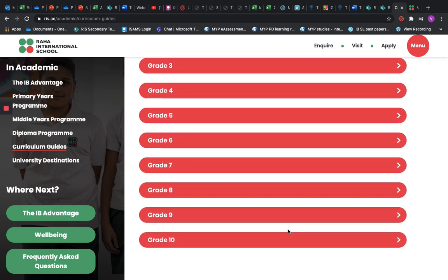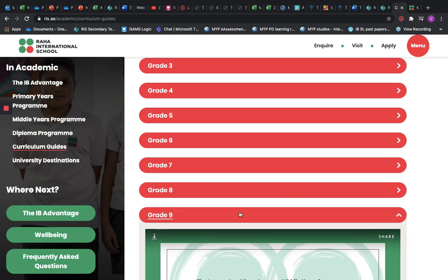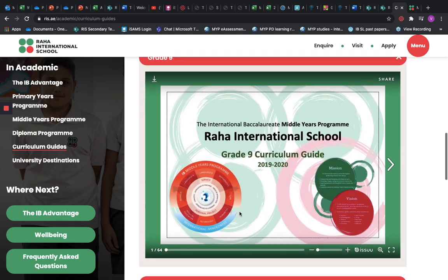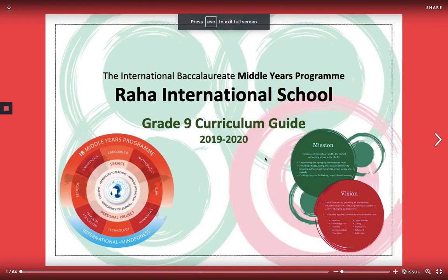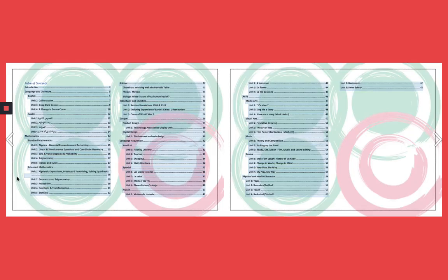So just as an example, we'll look at grade 9. Okay, so this is obviously last year's. The updates are coming soon. As you can see in the slides, 13th of September, that week is the aim.